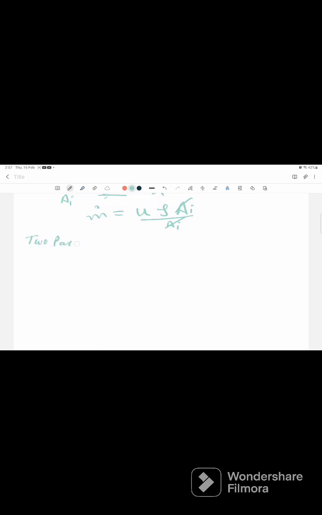Two packed towers with diameters d1 and d2, divided by gas velocity.